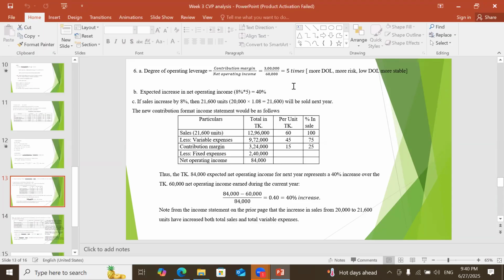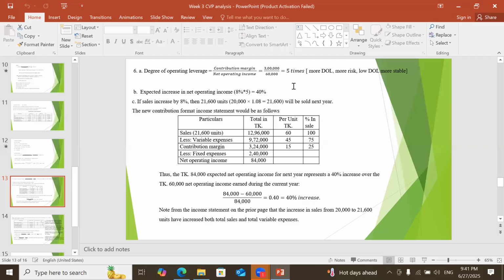The company can gain 5 times the earning capacity in a certain period, because, as I discussed before, the degree of operating leverage indicates the earning capacity of a company. A little bit of change in sales has a huge effect on operating income.